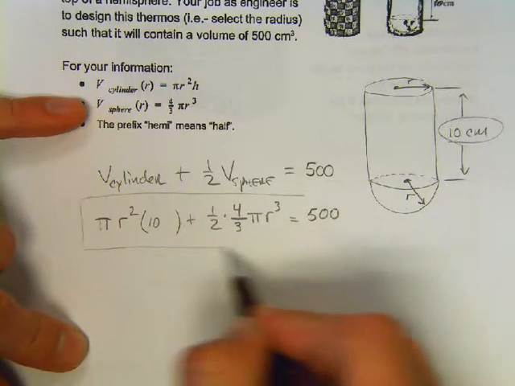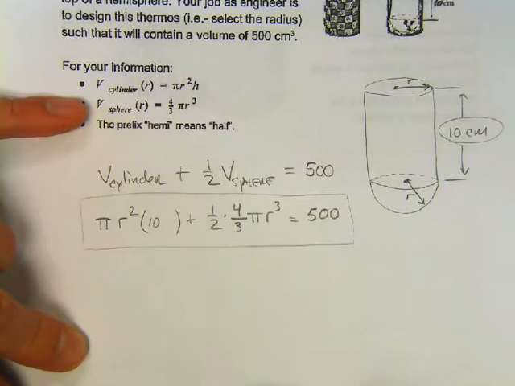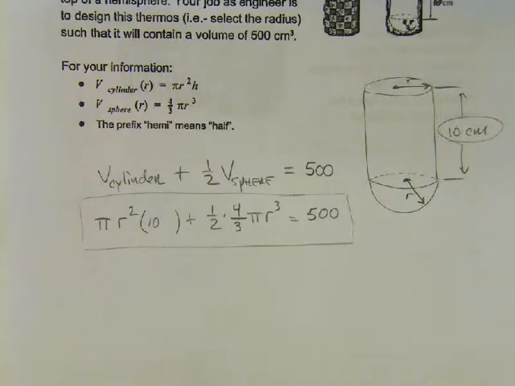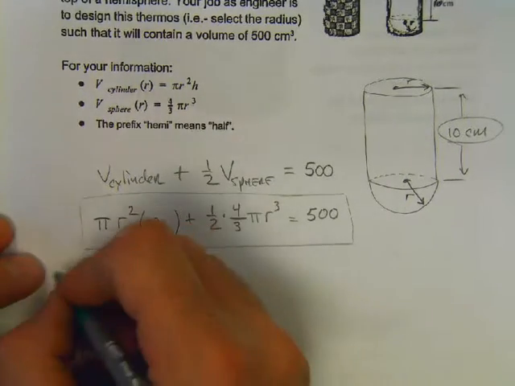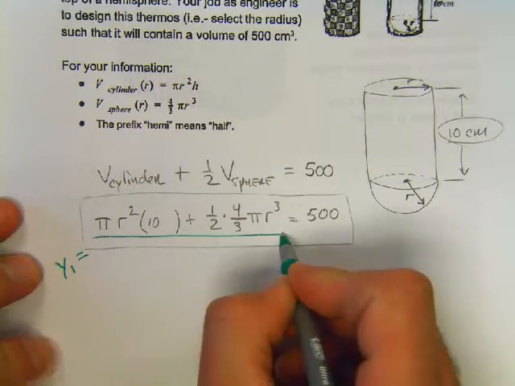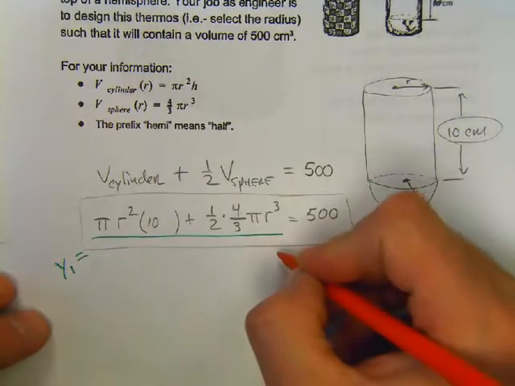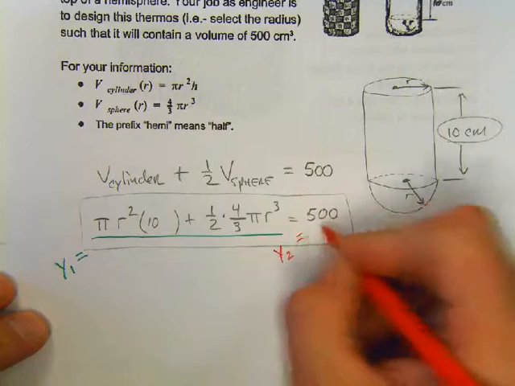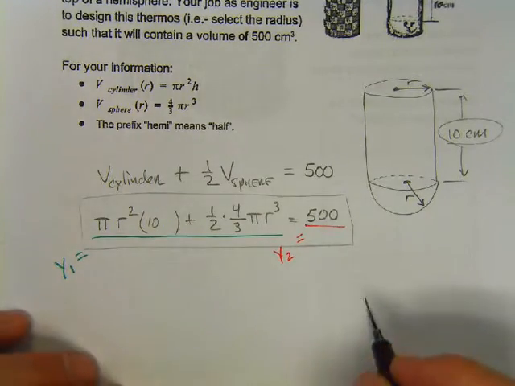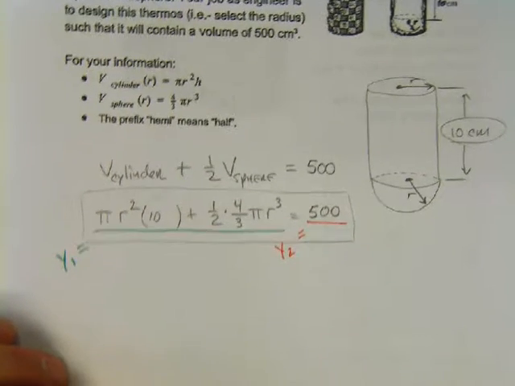And we really don't even need to simplify anything, because we can enter this into our calculator, this side in y1 and that side in y2, and we'll just have to get a graph. So let's see here.